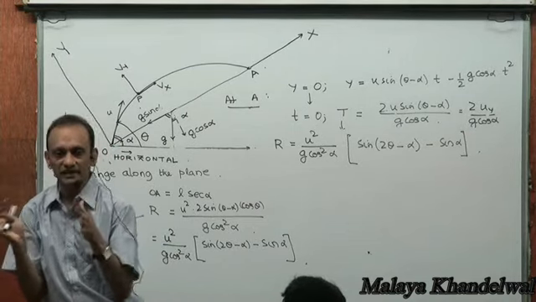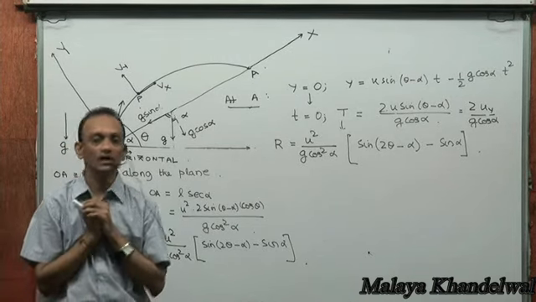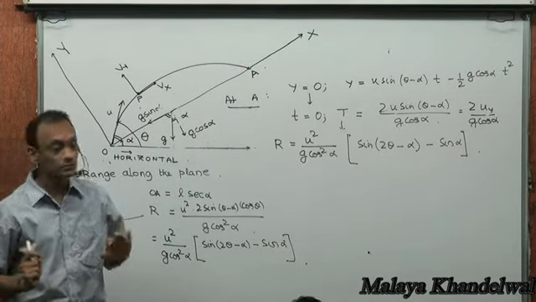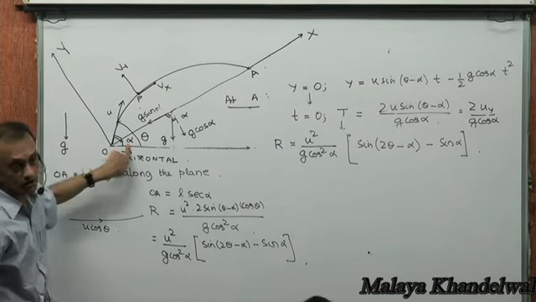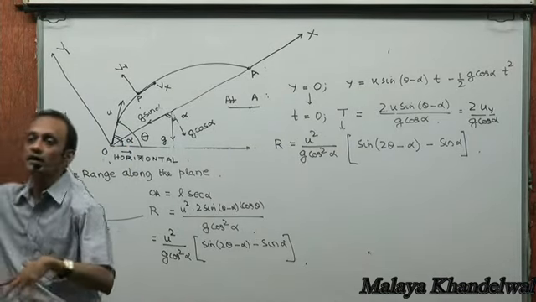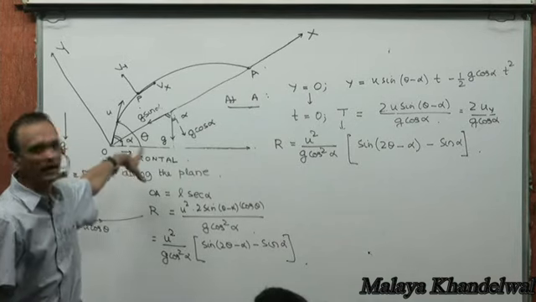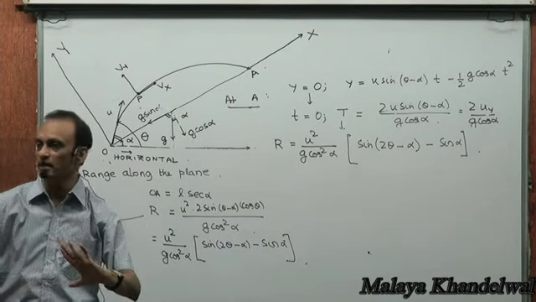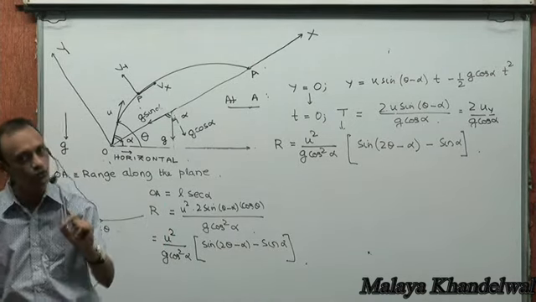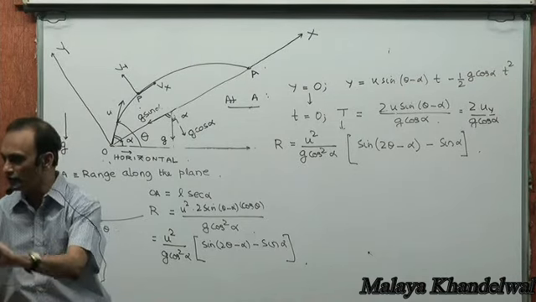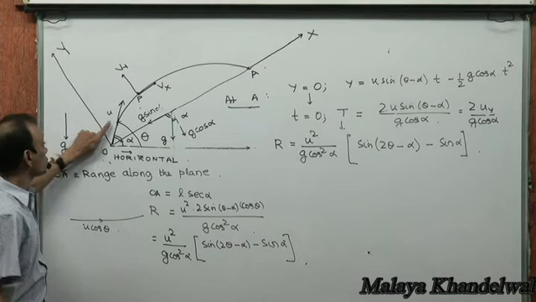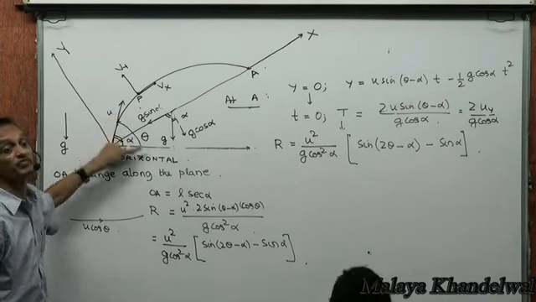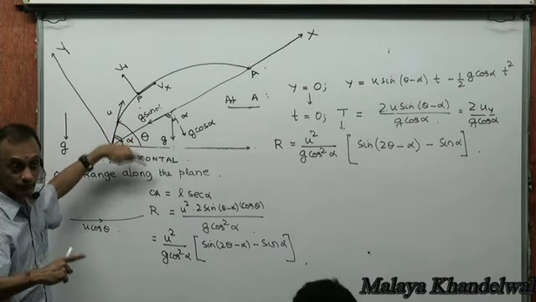U is fixed. And there is a given inclined plane, which means alpha, the angle that the inclined plane makes with the horizontal, is fixed, unless I get destructive and hammer and pulverize the plane to dust. That's another issue, but otherwise I'm talking of a given U and a given alpha. But the velocity U is launched at an angle theta which I can vary. Theta with the horizontal can be varied, right?